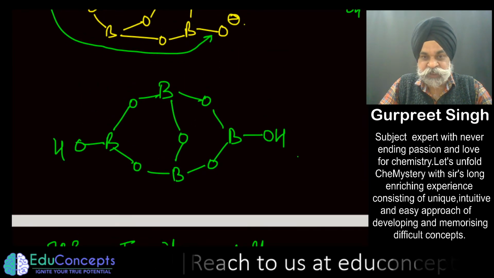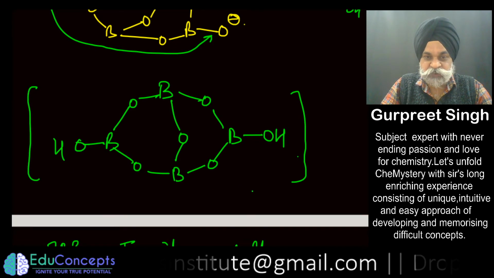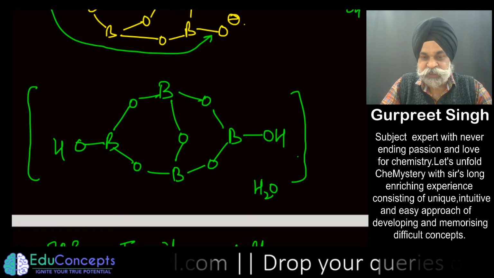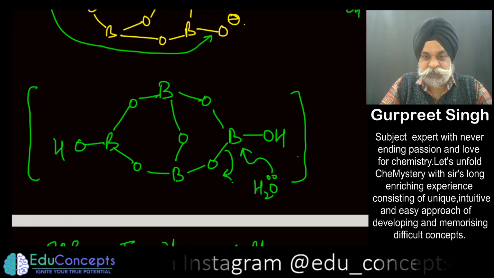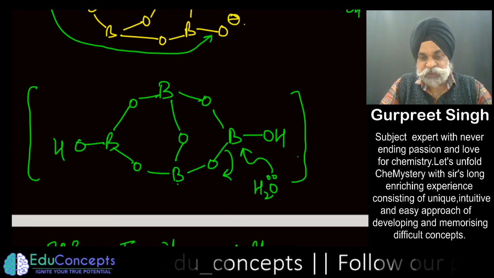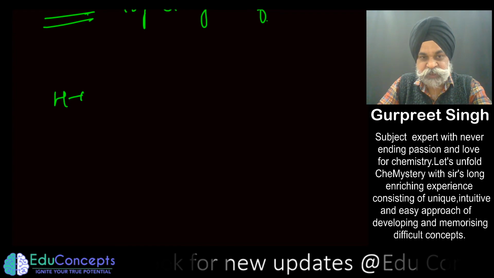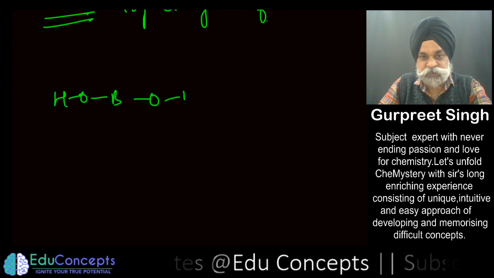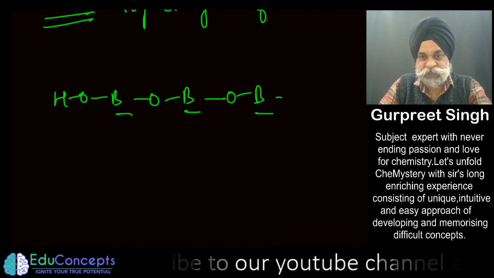Whatever you got here, into this you have to add water at some point. This can go this way and open up like this, and by this opening up, you would see that all BOB bonds would turn up like this: BO, BO, because there are four borons I am going to place.